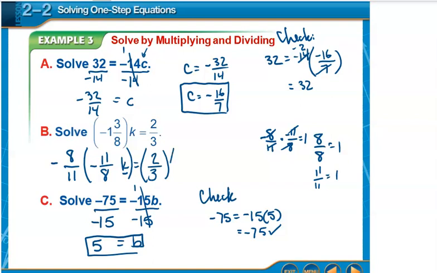So this is multiplied by negative 8 over 11. So this turns into just K equals negative 2 times negative 8, which is a negative 16, over 11 is 33. So there's the answer. If you have a fraction in front, an improper fraction, just multiply by its reciprocal and it goes away, but you have to do the same thing to the other side.